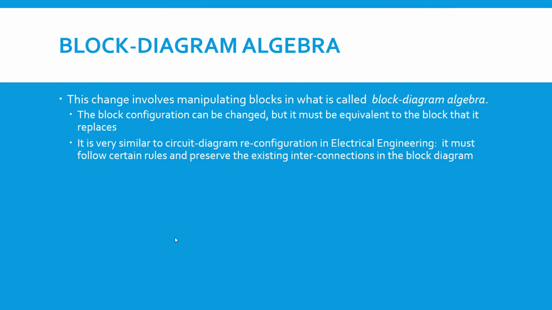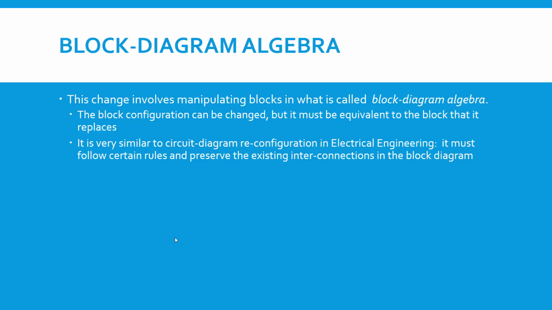What we just did is called block diagram algebra. We can take a block and change its configuration, but we have to preserve the relationship that we had prior to the change and reflect that in the new configuration, so that the new configuration is equivalent to the previous configuration.